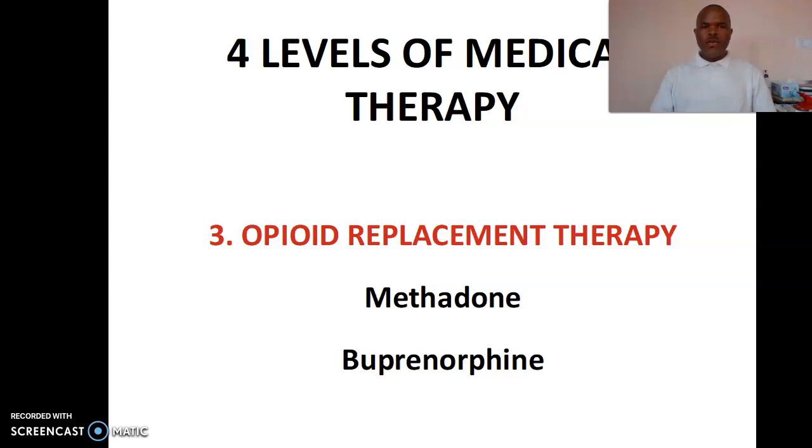And we hope that over time, we will wean them off slowly until they can stay without using drugs. So it is like someone who is climbing down a stair. We take you from the high level stair to the next level until you reach the ground floor. This is what is called opioid replacement therapy. The commonest used is methadone, but we have others that can be used as well.